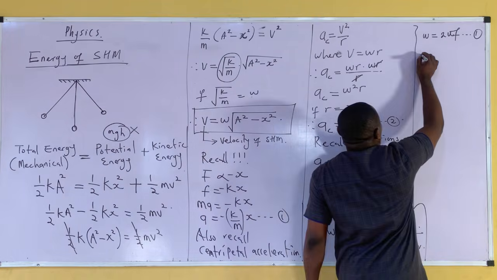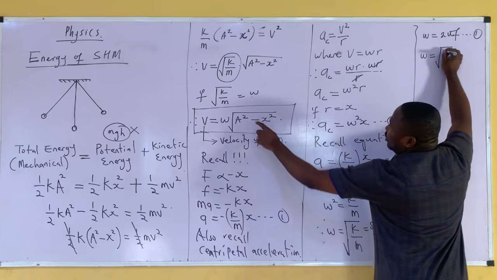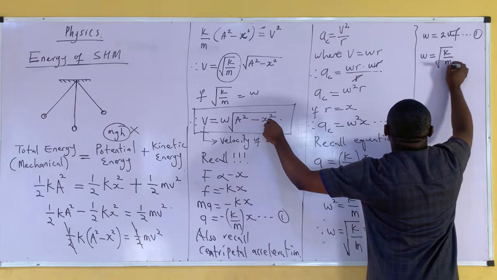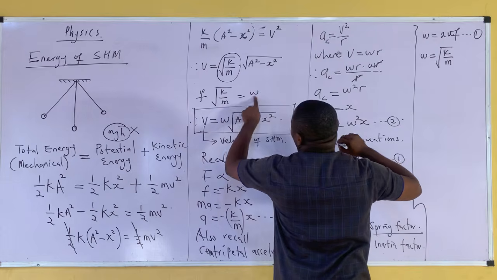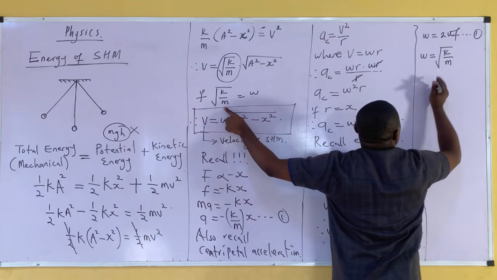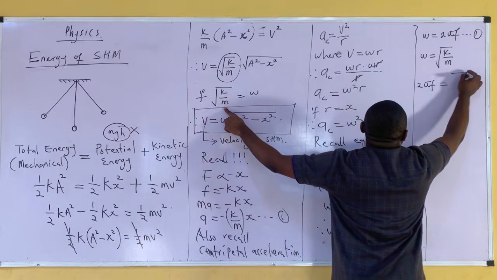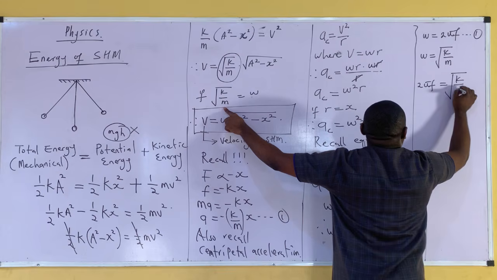And I know that angular frequency equals square root of k over m. So if this equals this and this equals this, I can say that 2 pi f is equal to square root of k over m.